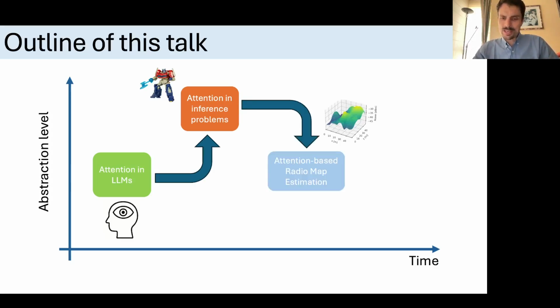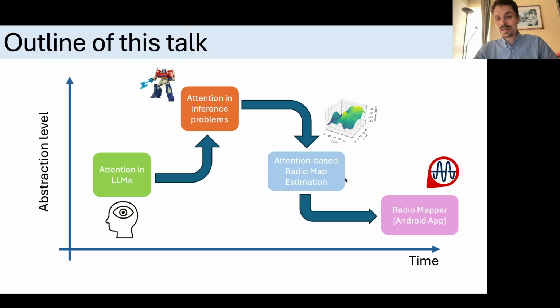Then we'll get back to the application domain, where I will explain how we developed a radio map estimator using a transformer, and finally we'll get our boots in the mud. I will present an Android app that we developed and deployed in the real world, which implements the transformer.